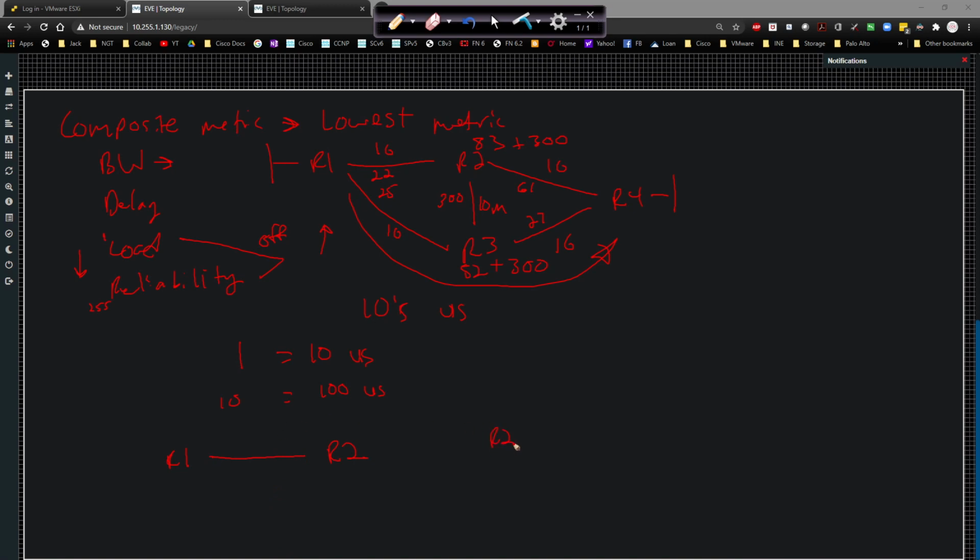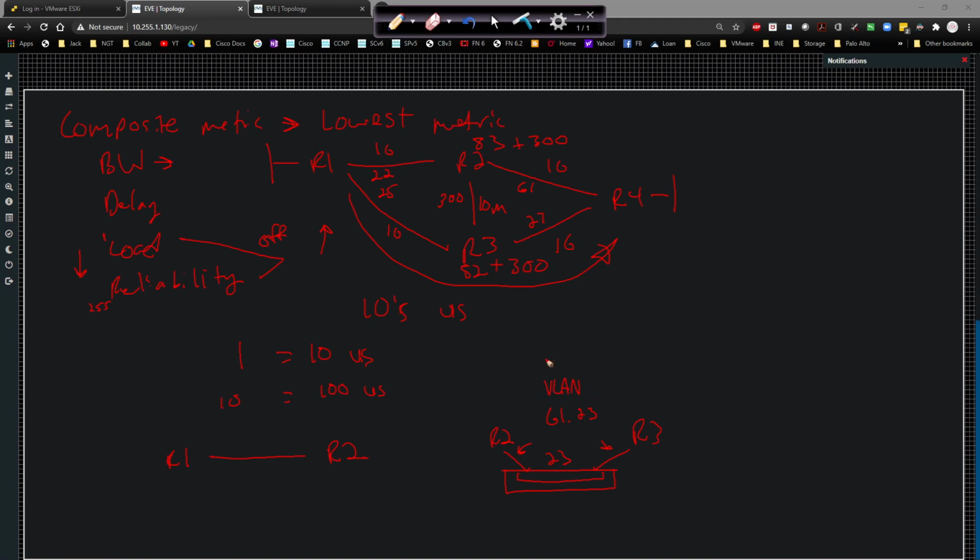But if I have R2 and R3 that are physically wired into the same switch, and they're both placed into VLAN 23, and this is on this interface right here and this interface right here, we are using, let's say, gig 1, and then we give it a sub-interface of 23, and we set the encapsulation to be dot1Q 23, so to pay attention to anything tagged with VLAN 23, then this is still going to be a physical link, but it'll be a VLAN tagged link. Still physical, just logically separated inside the switch. Just keep that in mind.